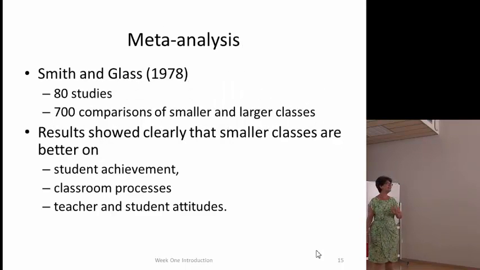So Smith and Glass came along in the same year, 1978. They extracted 700 comparisons from 80 studies that met their criteria, and they were able to show clearly and statistically that smaller classes were better on three main criteria of interest: student achievement, classroom processes, and both teacher attitudes and student attitudes.